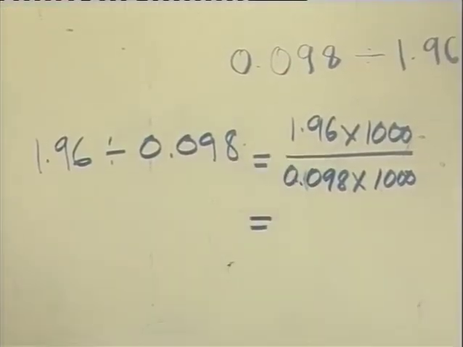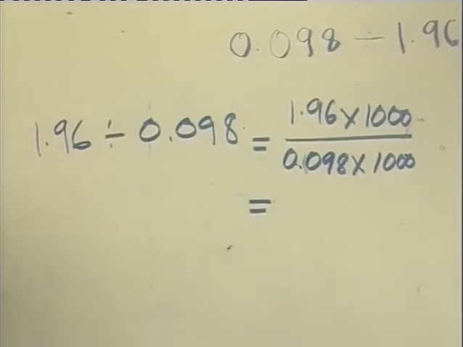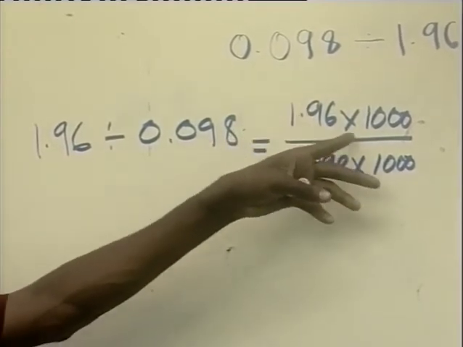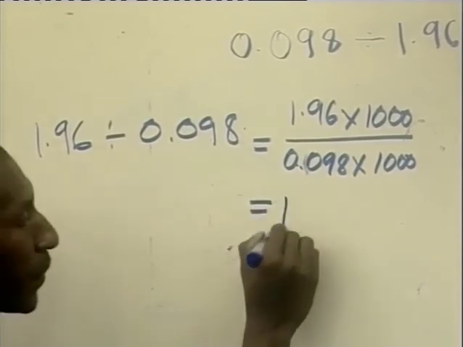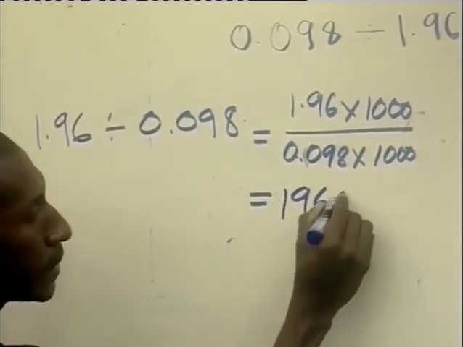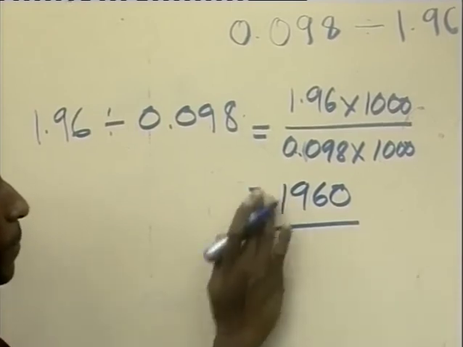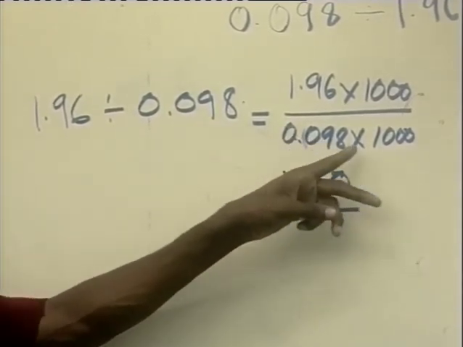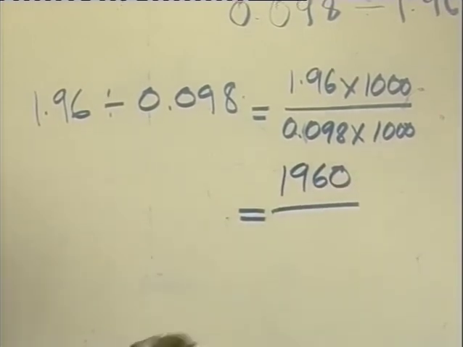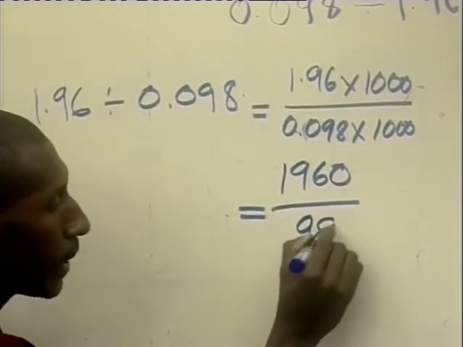So 1.96 multiplied by 1000 is 1960. 0.098 multiplied by 1000 is 98.